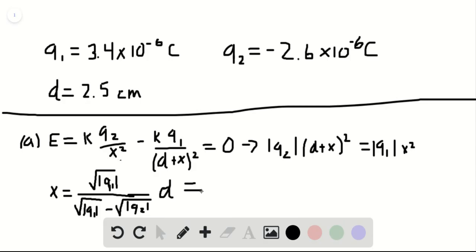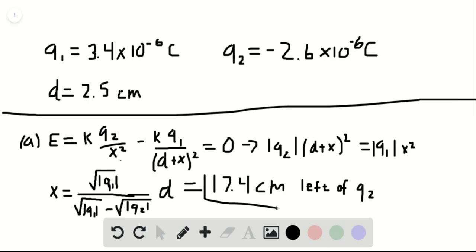Well, plugging in the values we were given for this, we find that this comes out to equal 17.4 centimeters. And that's going to be left of Q2. So we can write left and box that in as our solution for A.